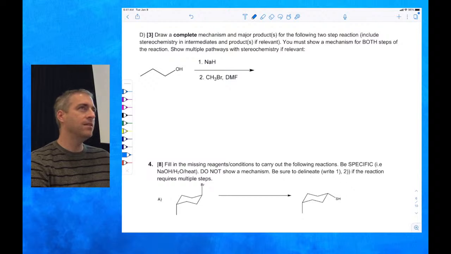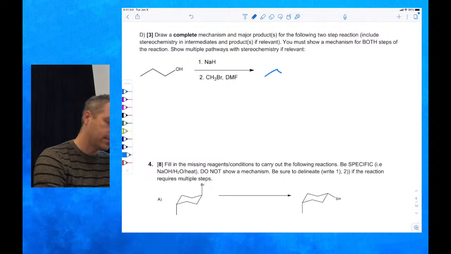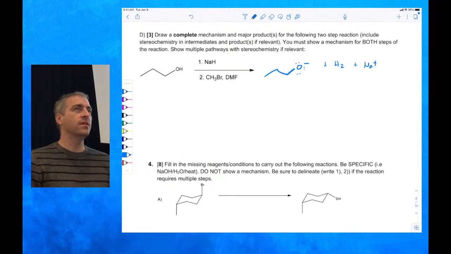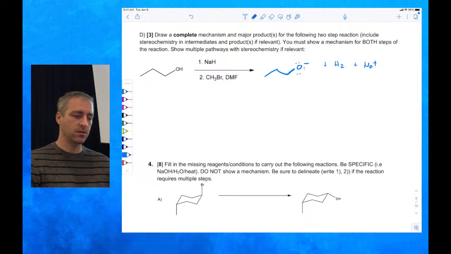It'll deprotonate the alcohol to make an alkoxide. When we first started talking about alkoxides in Unit 6, we said using sodium hydride was one way to make alkoxides from alcohols.